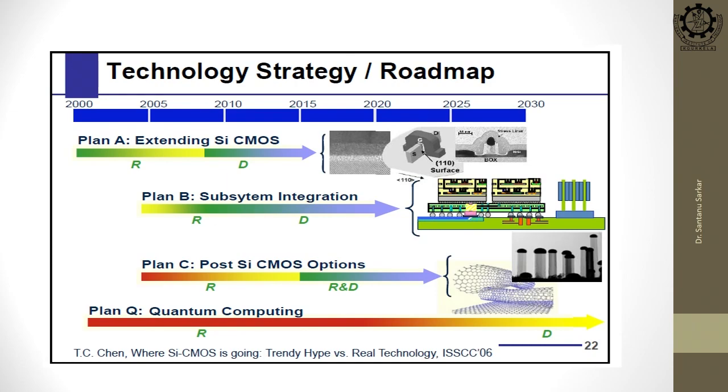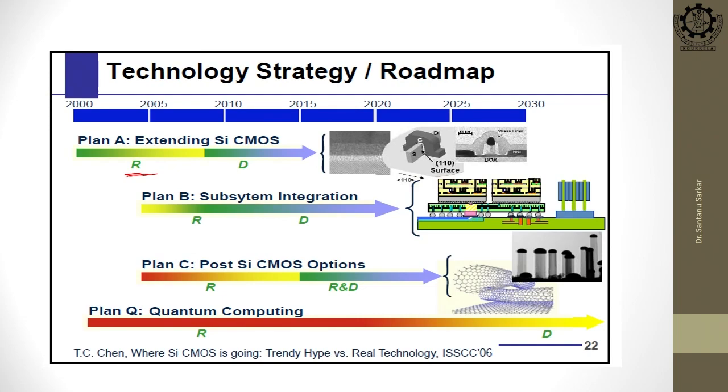If you talk about the future and the roadmap, this is our technology roadmap. You can see that a few are in research and development. If it is advanced technology, it is still in the research domain.